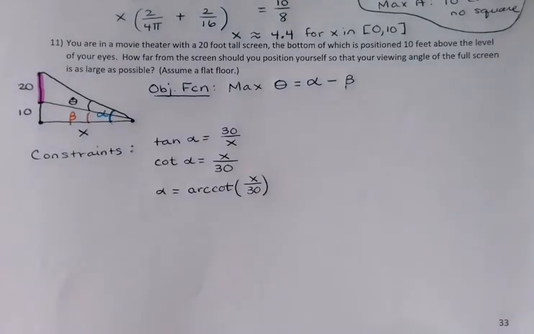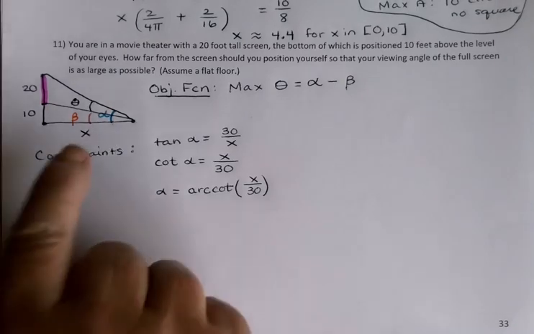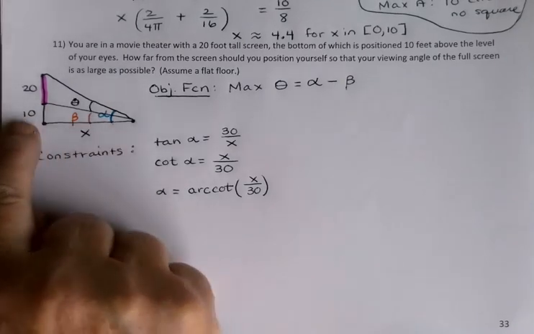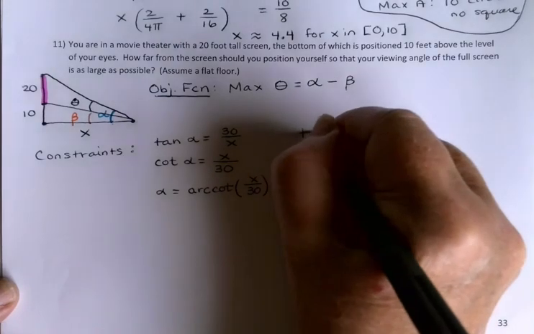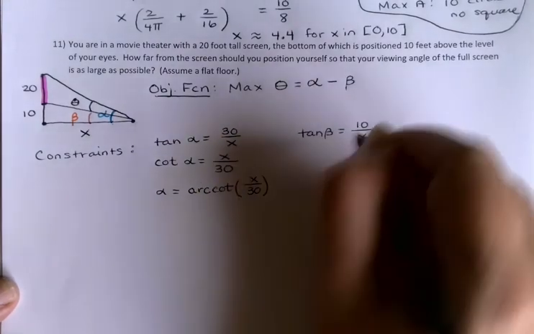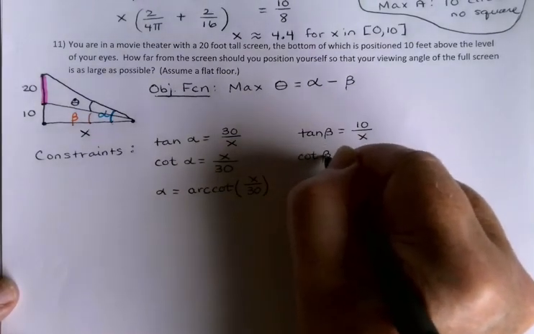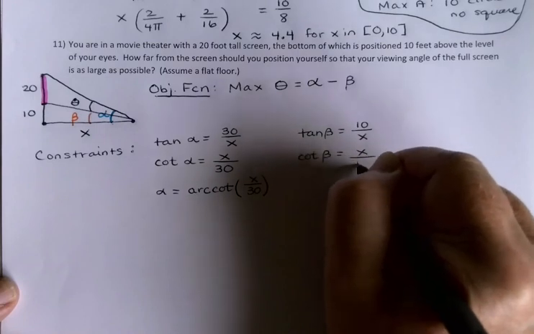I'll do a very similar thing for this small triangle with beta. The tangent of beta would be 10 over x. And for the same reasoning, I probably want to work with cotangent. That makes it x over 10.